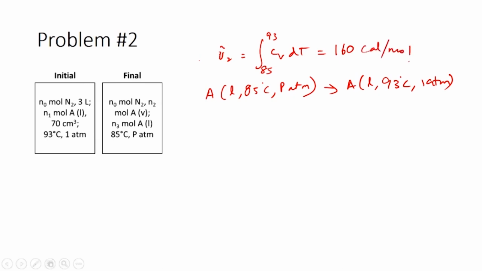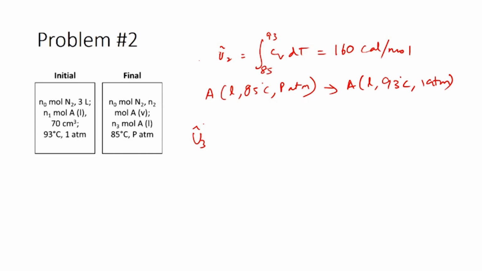Now, the third component, which is U3 cap, is where you have the phase change also. So, what information do we have? In the problem, we have been given delta H cap V, which is the enthalpy change associated with vaporization. Here we need to calculate the internal energy change associated with vaporization.